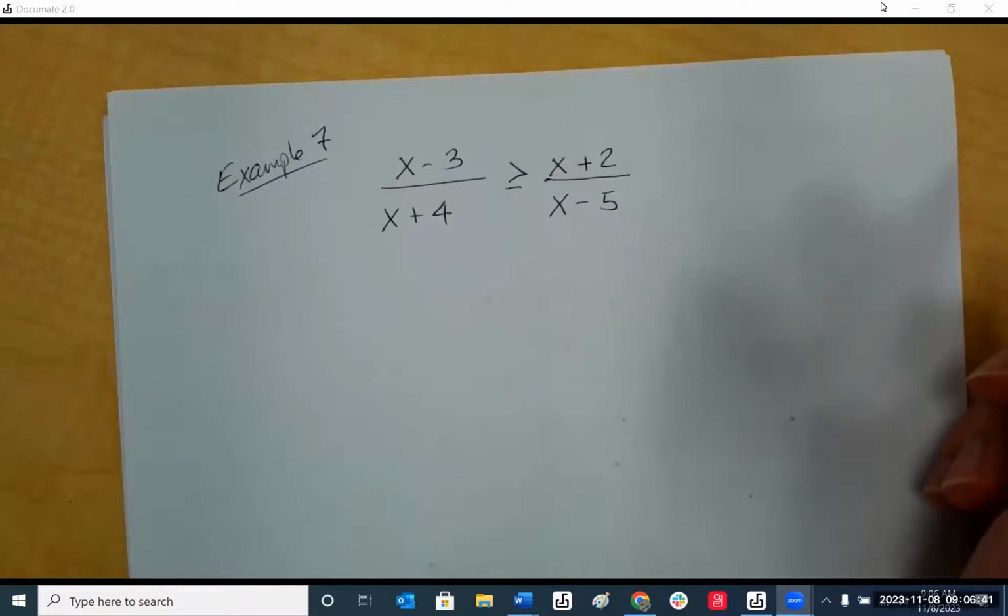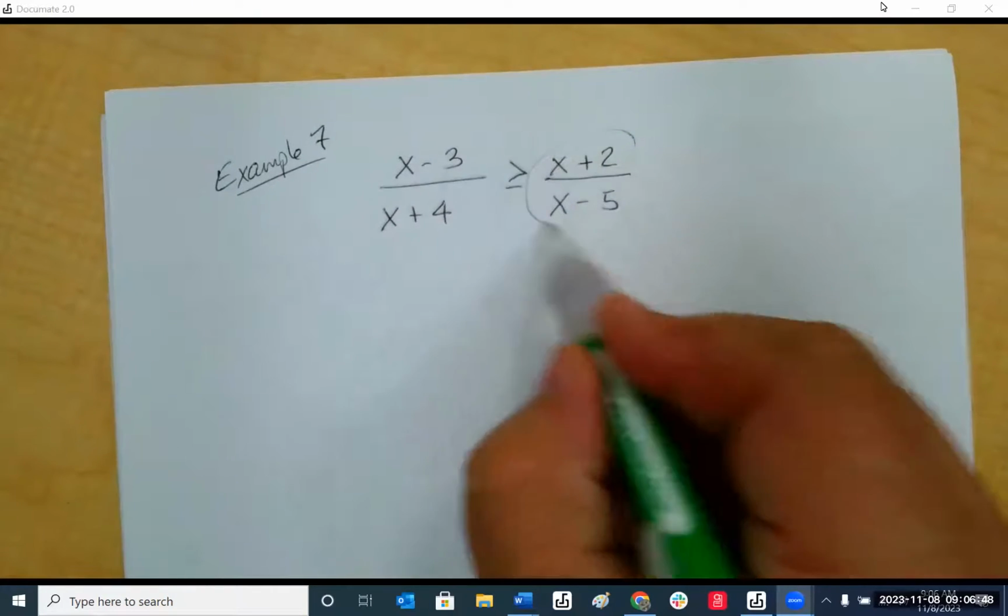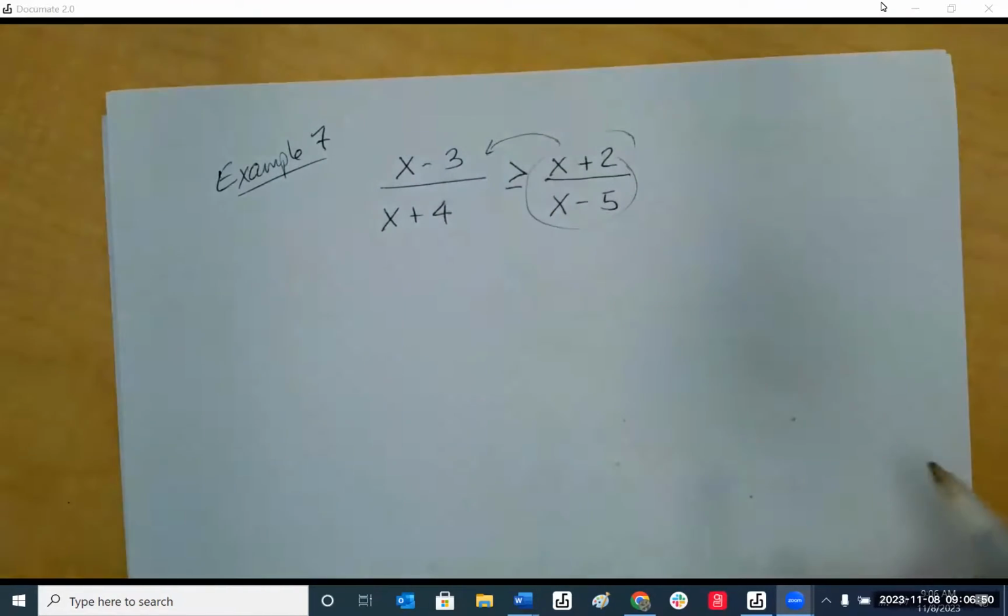What's the first step? Yeah, make it equal to 0. So move something over to the other side.